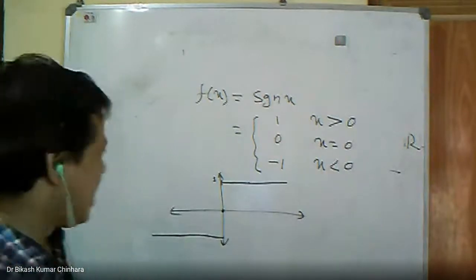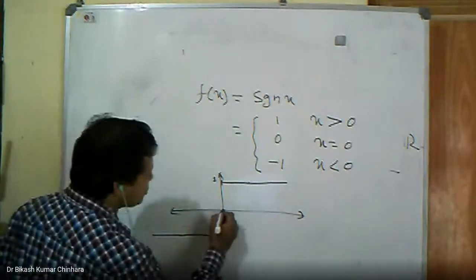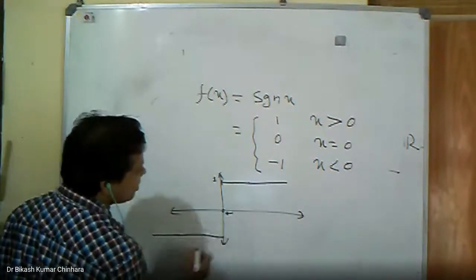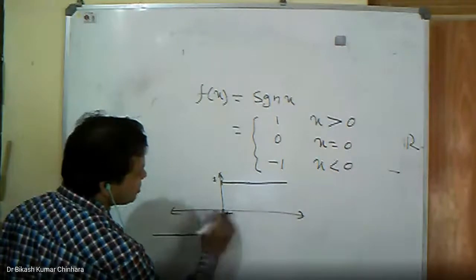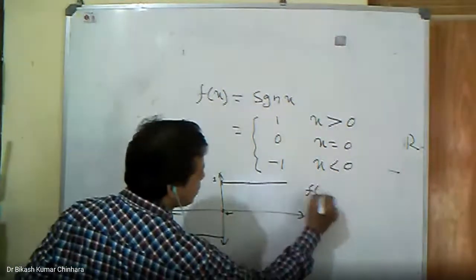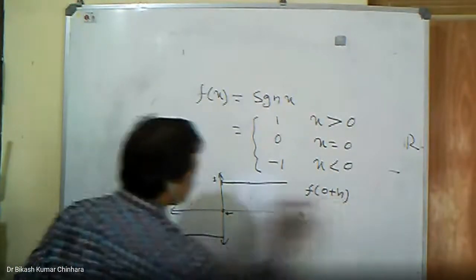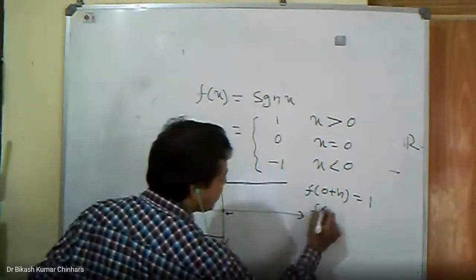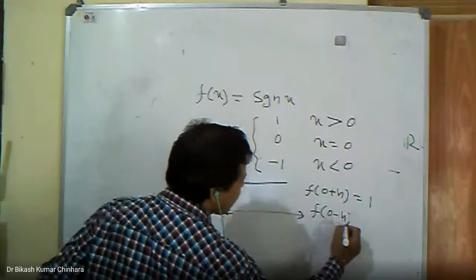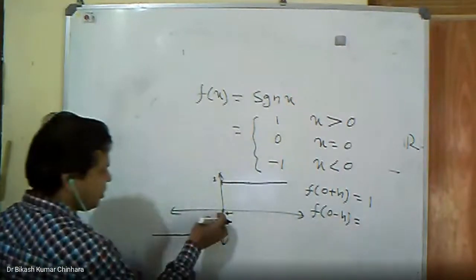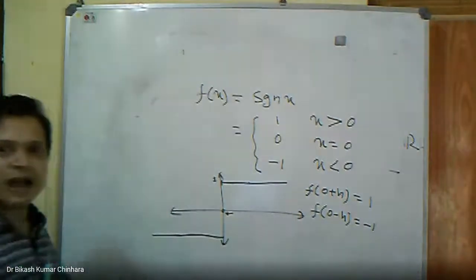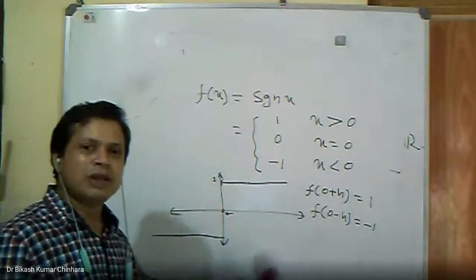And you can see that at 0, when you are approaching from this side, whenever you are writing f of 0 plus h, you have to use this formula. Its value is 1. Whenever you are writing f of 0 minus h, its value is, a little away from 0, -1. So I can say that here the limit will not exist.